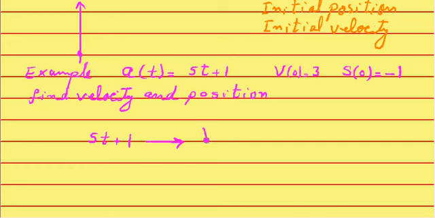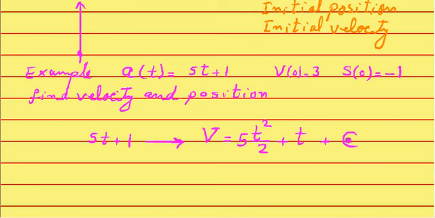So this is going to be velocity. I'm supposed to take the antiderivative of this. The antiderivative of t is t squared over 2. I had a multiplier of 5, I still have it. The antiderivative of 1 is just t itself. And then I have some constant.